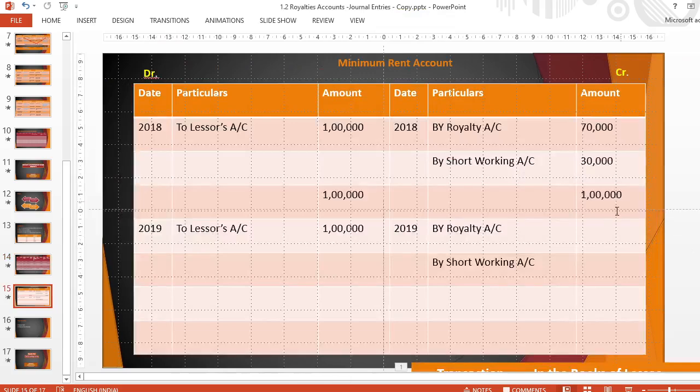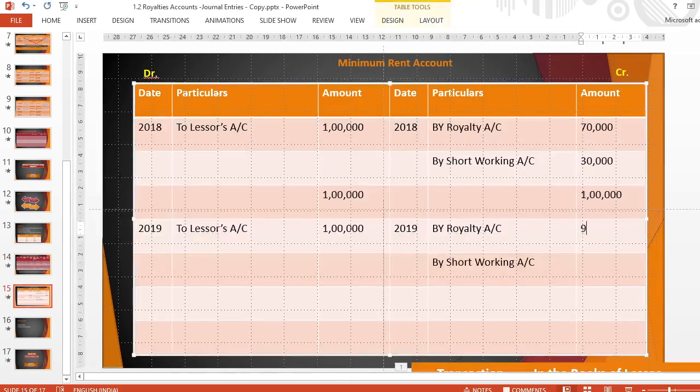So I'll record here 90,000 royalty and 10,000 short working. The debit side total is 1 lakh rupees and the credit side again 90,000 plus 10,000, it's 1 lakh rupees. So we have prepared minimum rent account for the year 2018 and for the year 2019.